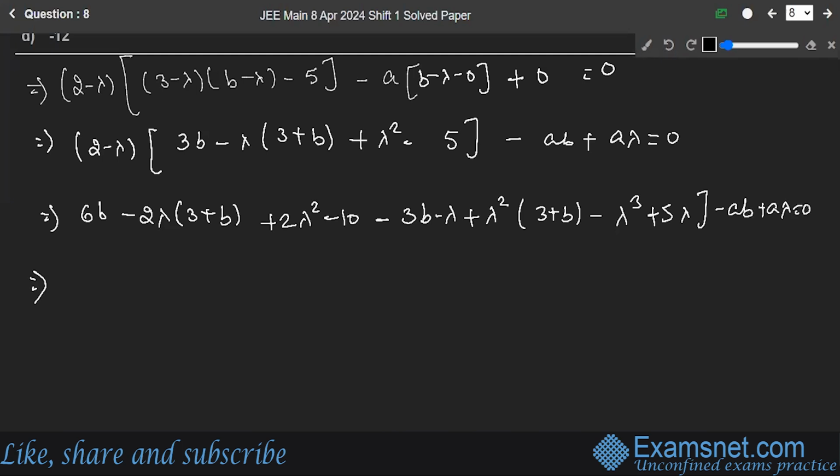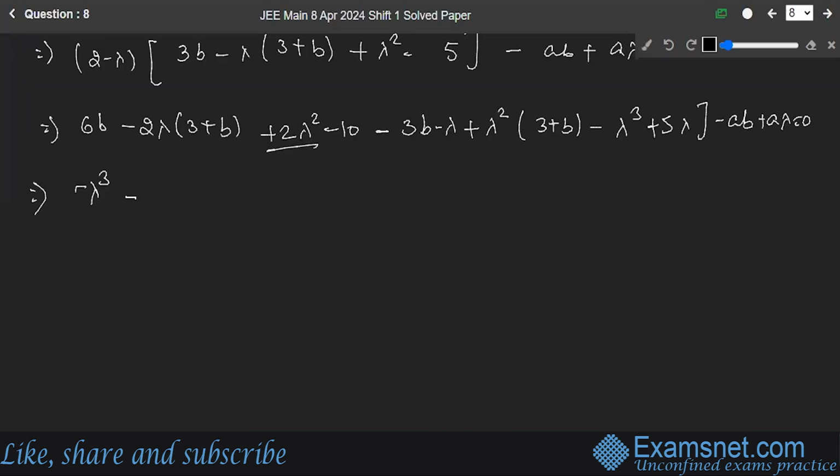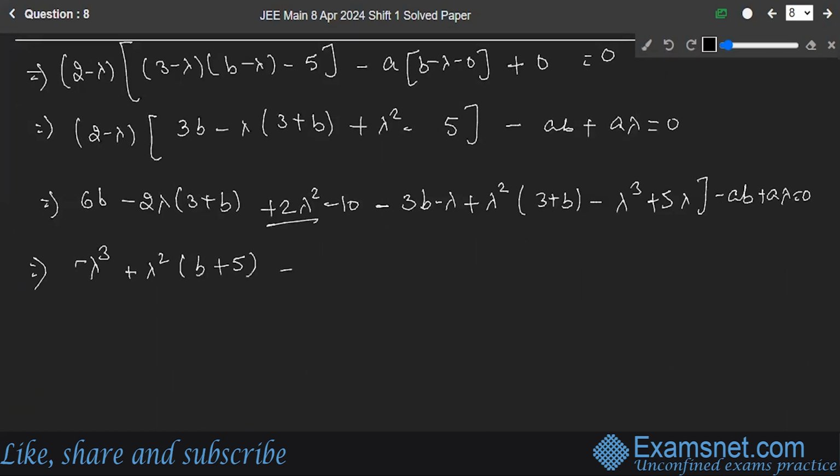And let's separate the terms of minus λ³ and λ². Then this will be plus λ², here will be b plus 5. Then you have a minus λ over here, minus λ and this is 1 plus 5a, 5b minus 8. Right?